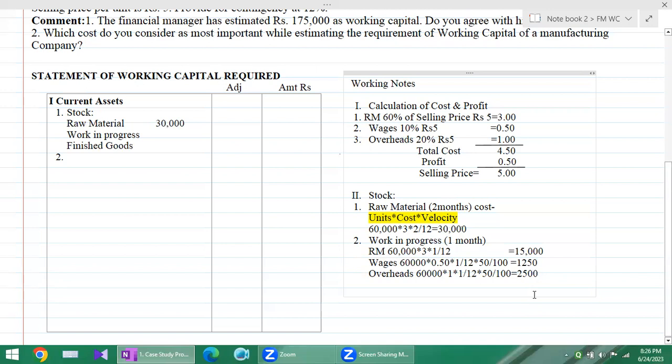How much do you derive here? That's work in progress. The total amount you get is 18,750. That is 15,000 plus 1,250, 16, 17, 18,750.